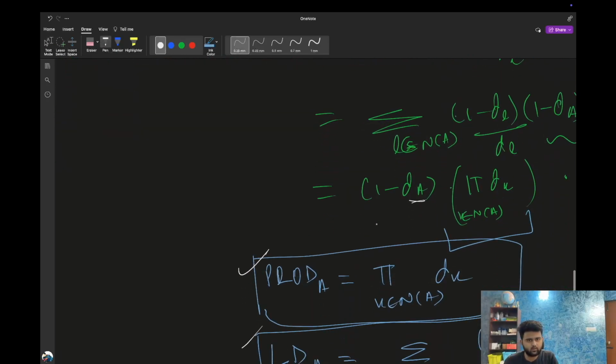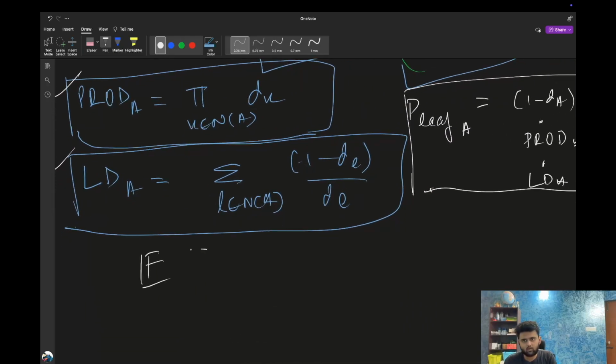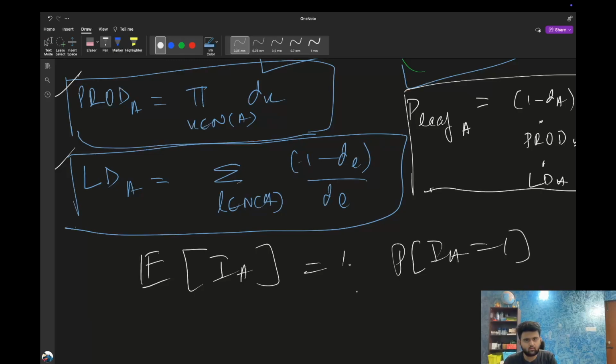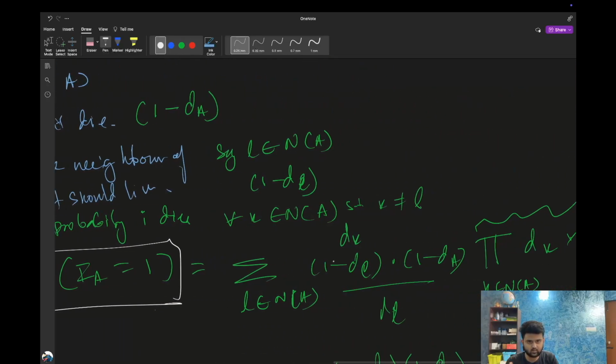So now it should be obvious that the expected value of IA is equal to 1 times the probability IA equals 1, which is P leaf. So now we can get back to our original problem of considering the pairs of vertices when they have a distance greater than 2.